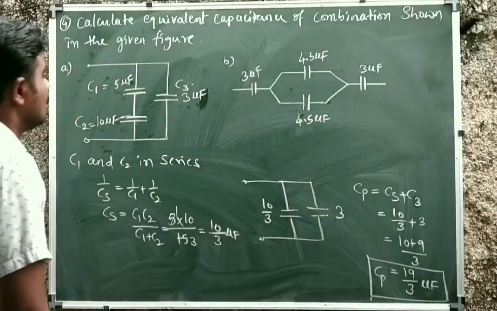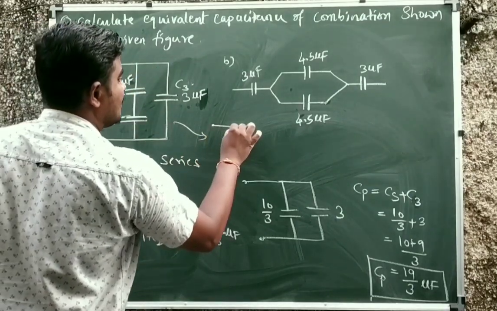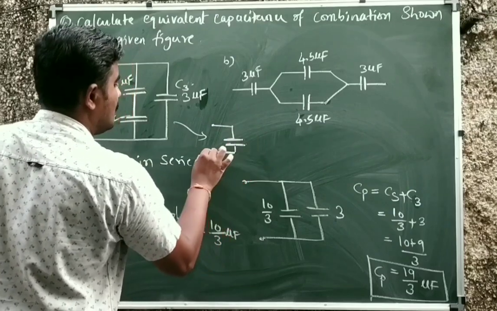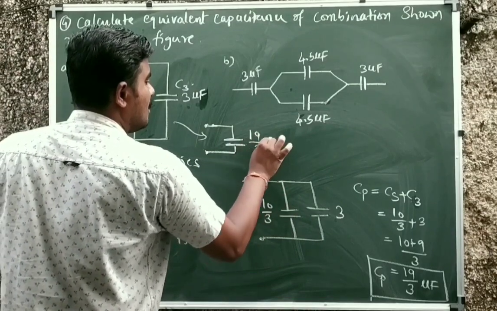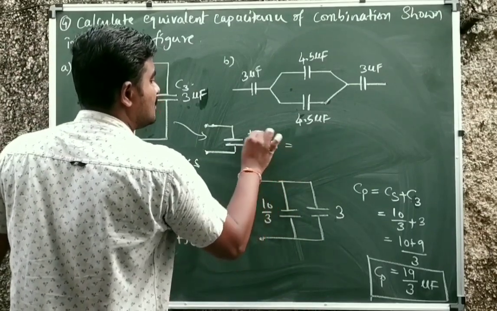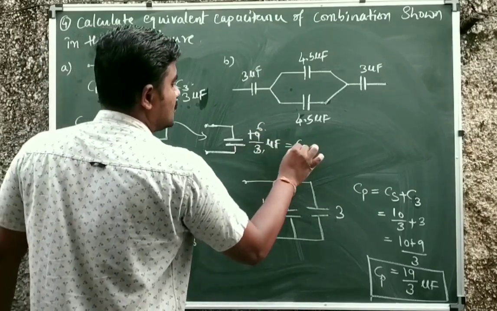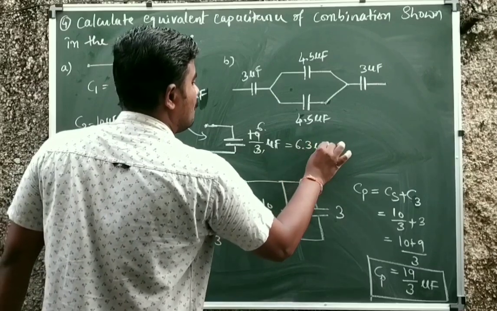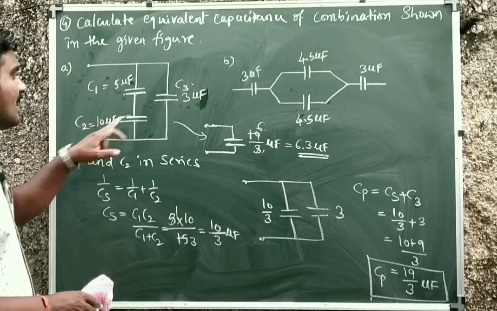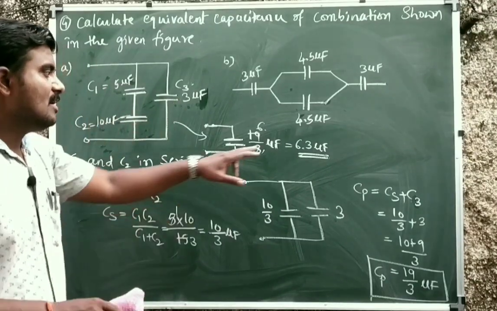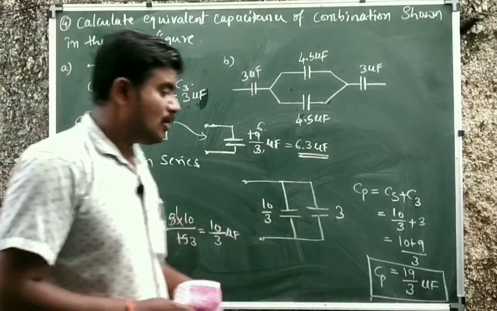So instead of these many capacitors, we can connect only one capacitor like this, and this capacitor value should be 19 divided by 3 microfarad, or 6.3 microfarad. Instead of connecting three capacitors 5, 10, 3, we can connect only one capacitor, and that capacitor value should be 6.3 microfarad. Understood? So note down.